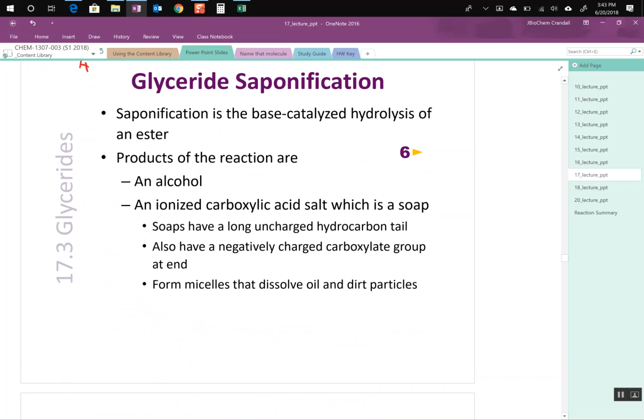Saponification is base catalyzed hydrolysis. So base catalyzed hydrolysis is going to form the anion, the carboxylic acid anion, the conjugate base. And because it's an anion, you can actually cause this salt to be created, right? So the products of this reaction are, once again, an alcohol, like we'd expect, and the ionized carboxylic acid salt, which we would refer to as soap.